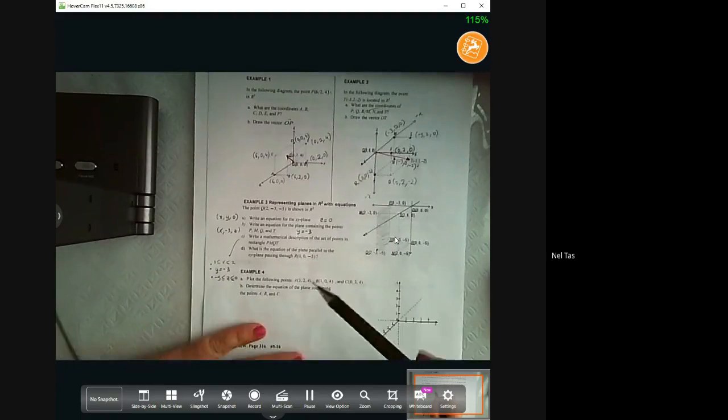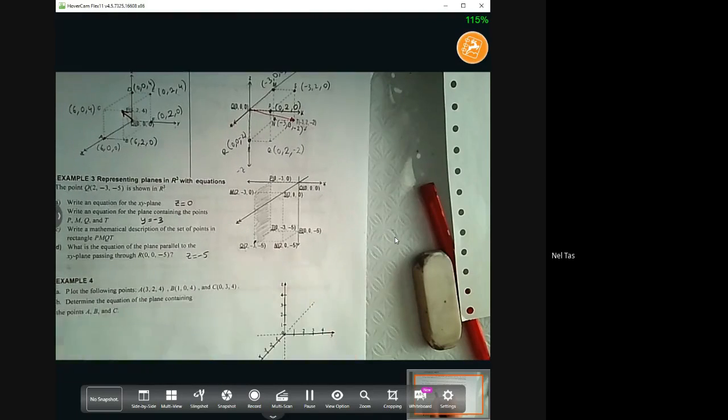On that plane, the z coordinates are always -5. Therefore that plane is called z equals -5, and x and y can be anything else.